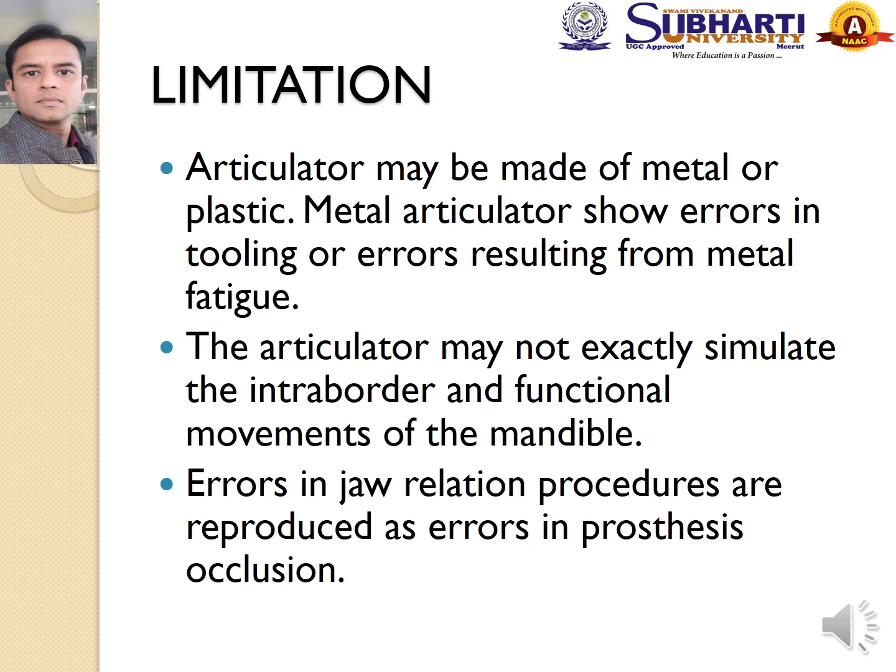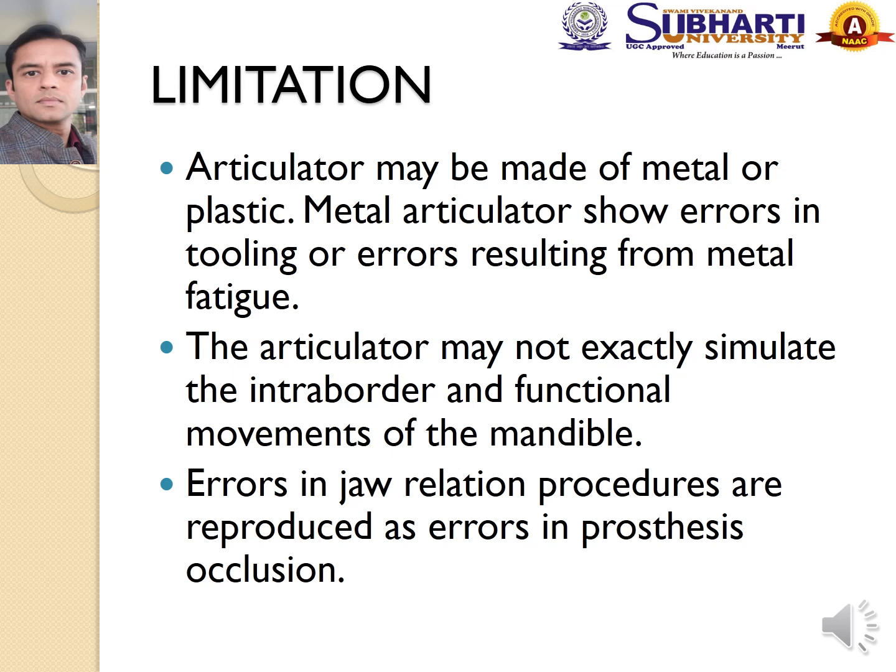In the later half of this lecture, we will see the different types of articulators, in which there are articulators which can simulate the intra-border or the functional movements, and there are articulators which can simulate to a certain extent. So, it depends. Now, the last point is error in jaw relation produced.